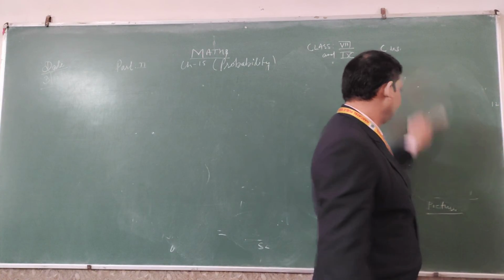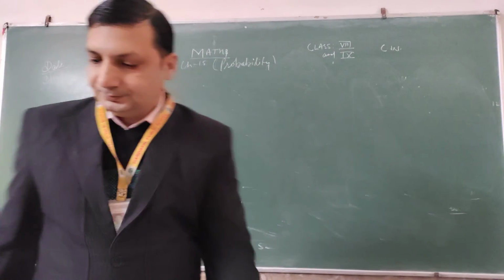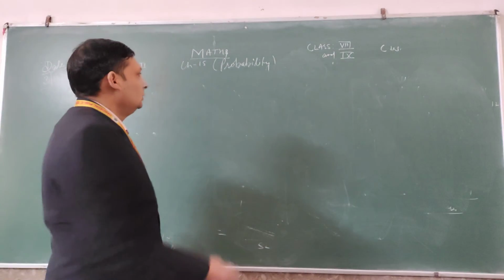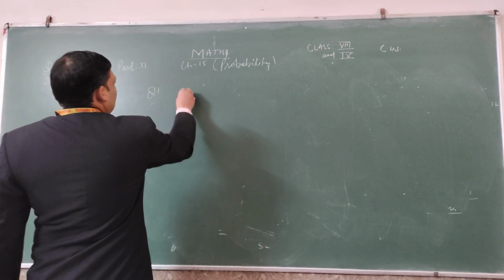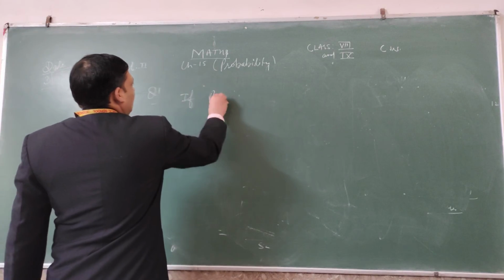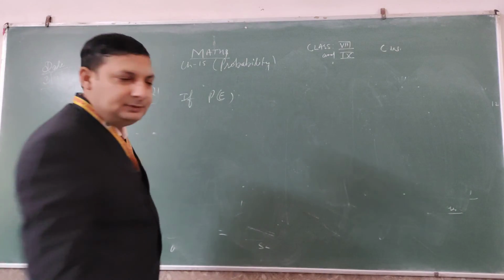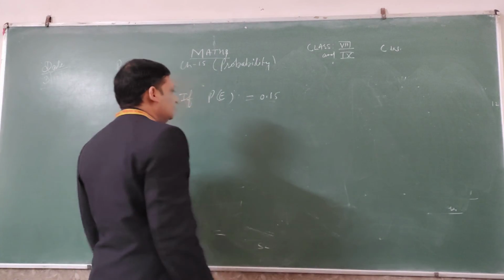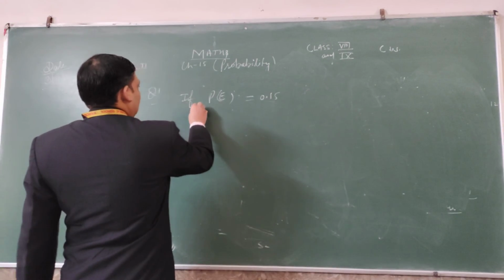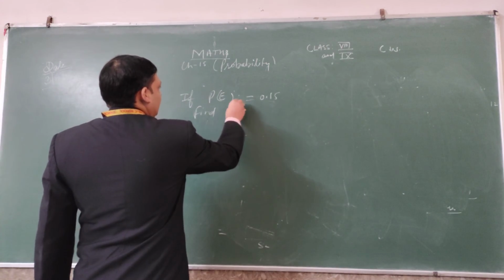See, if we have given, last question, if probability of event equal to 0.15, find probability of not event.